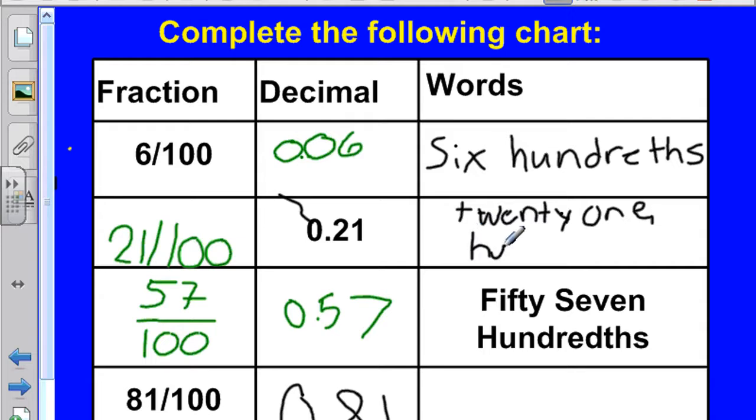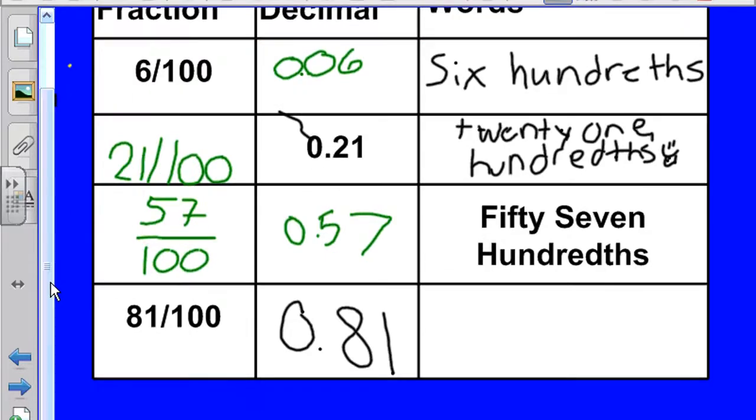Now we're all quiet, so we can do it. Okay. And last one, Ryan. Slide it up and you'll see it easily right now.